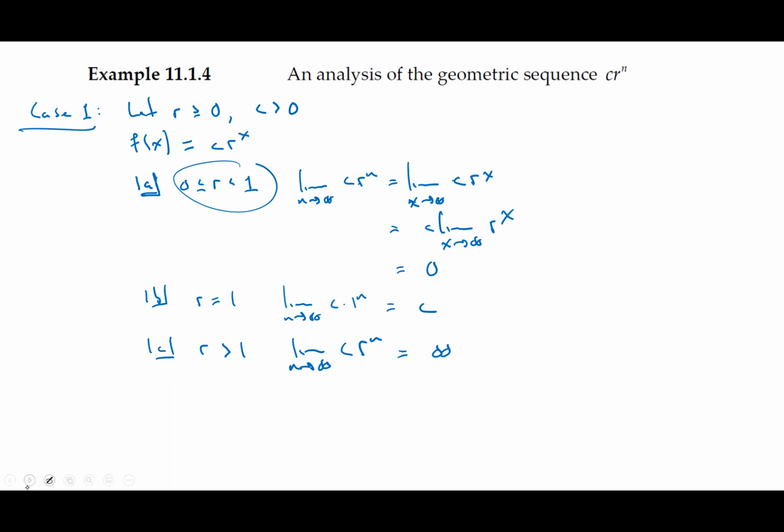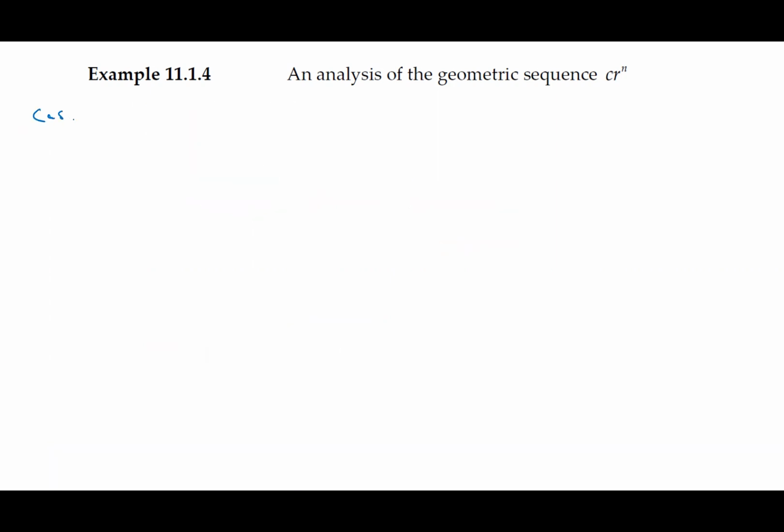Well, what about if R is less than 0? And of course, C wouldn't be 0, otherwise that wouldn't be very interesting. Well, let's play kind of a similar game. So case 2a, we might say that R is between -1 and 0. Well, watch this.